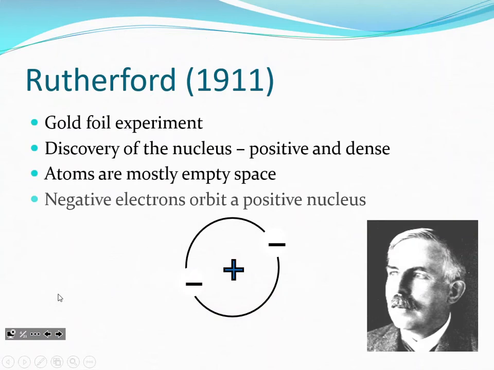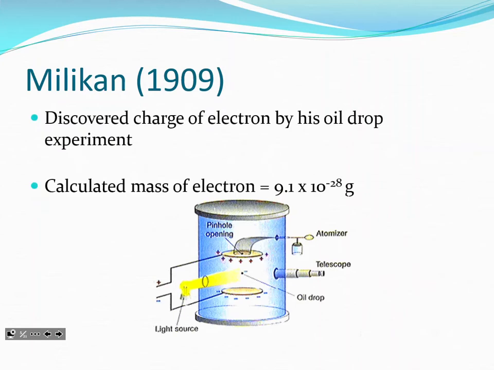Now Rutherford, the gold foil experiment, and Bohr was actually one of Rutherford's students, so that's really good to know. Rutherford had discovered the nucleus, positive dense center, and he shot alpha particles at gold foil. Most of them went through, which indicated that the atom had mostly empty space.